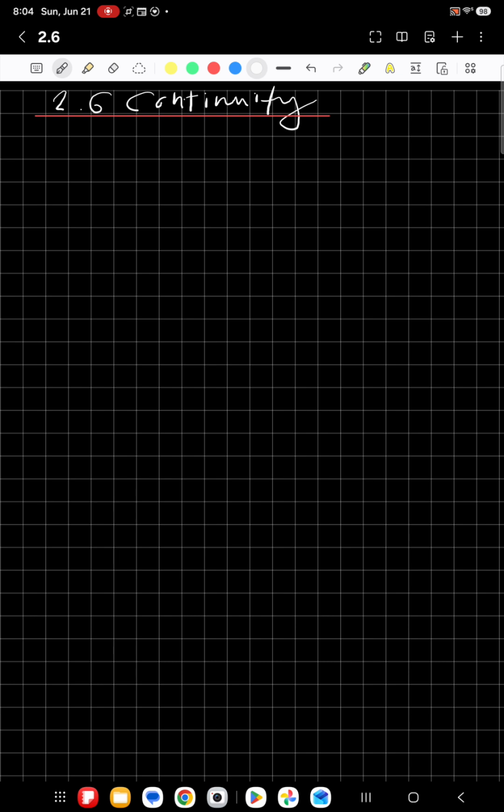2.4 was limits, infinite limits. Let's look at an example. Let's take something like this. So limit with x approaching 3 from the right, this is plus.